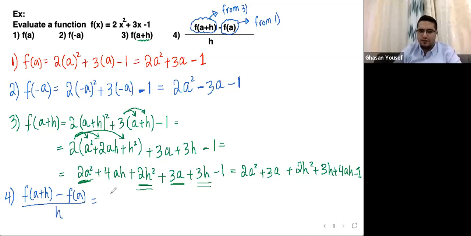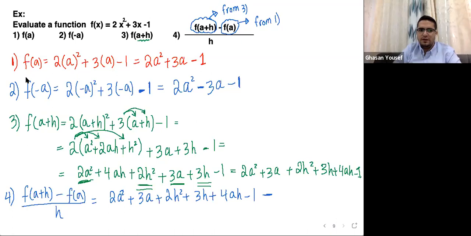So here I get 2a square plus 3a plus 2h square plus 3h plus 4ah minus 1, minus f of a. Minus f of a, this here, we have to multiply by negative.